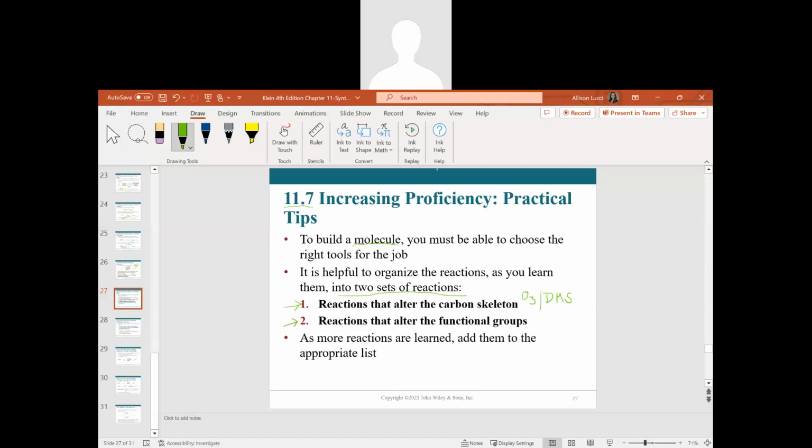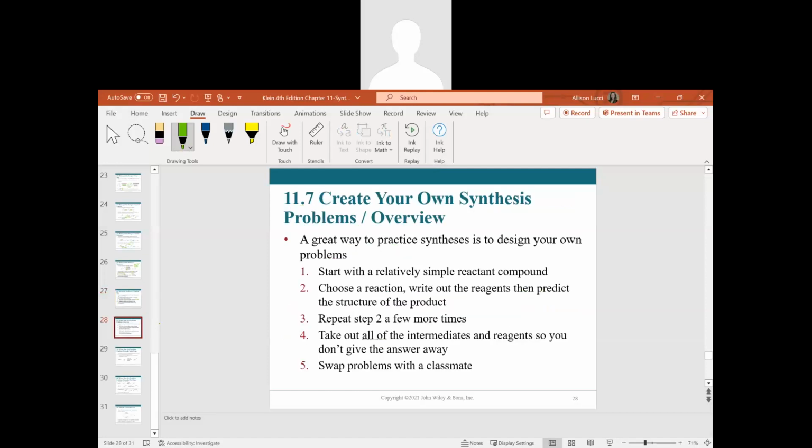Then we could create another group of reactions that alter functional groups, such as addition reactions that could halogenate an alkene. So let's take a look at some examples of ideas. We could design our own problem. This is another idea.